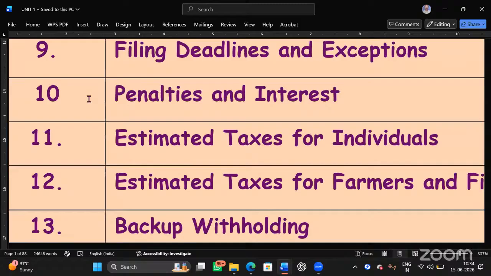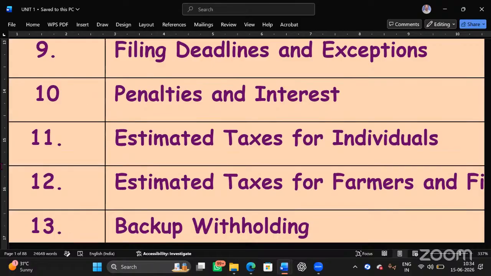But sometimes the department is not ready to wait till the next year. It demands the tax amount in the first year itself, the year in which income is generated by the taxpayer. So we need to pay the department in the form of advance tax.